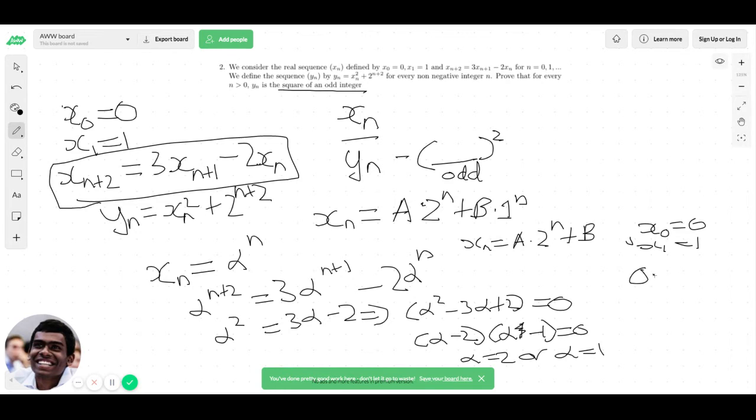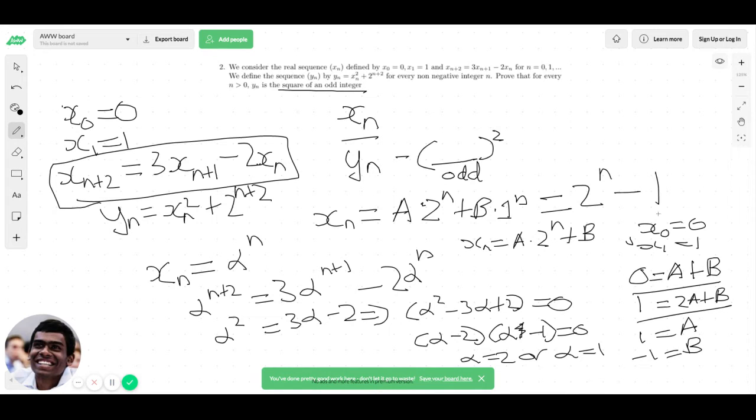So we know that 0 equals a, and 2 to the power of 0 is just 1, plus b, and 1 equals, well, 2 to the power of 1 is just 2, so 2a plus b. So you're solving simultaneous equations. You can just subtract the first equation from the second, so then you get 1 equals a and minus 1 equals b. So what we essentially get then is that x_n is just 2 to the power of n minus 1.